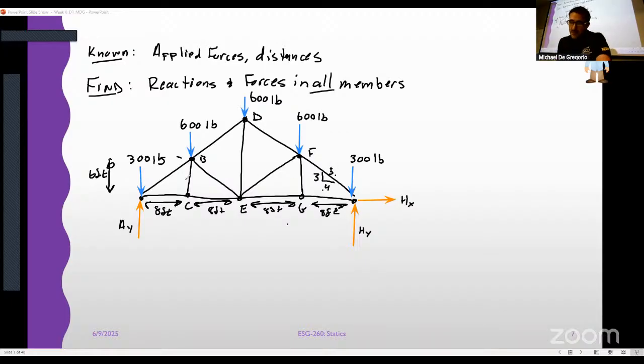Couple of things just to note right off the bat, right? If you're looking at it, CB and GF are both zero force members. Those are the only two zero force members in there. And you're going to be like, well, hold on, Dr. D. If you look at point E, we've got the same thing. You do, it's the same thing but different, because you have the angled ones coming off of there.